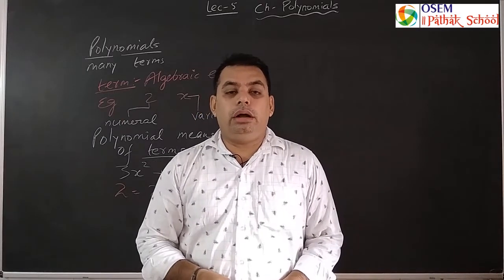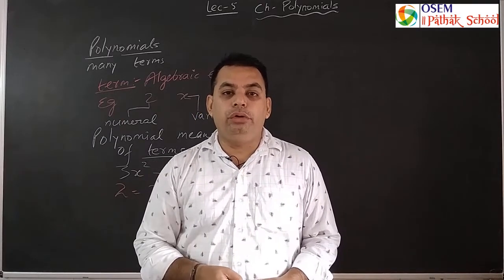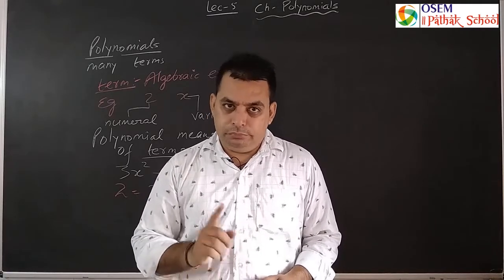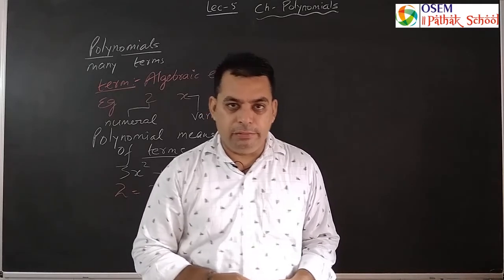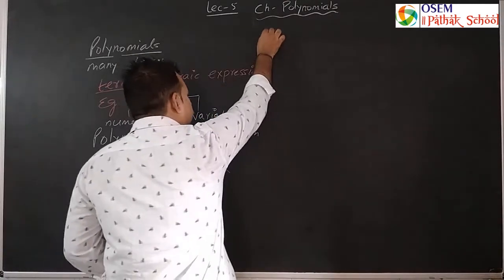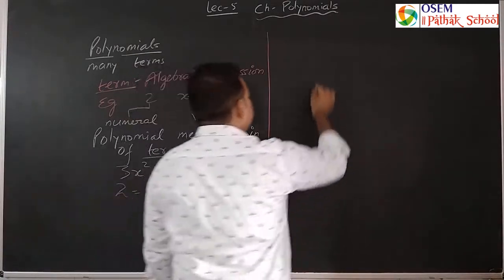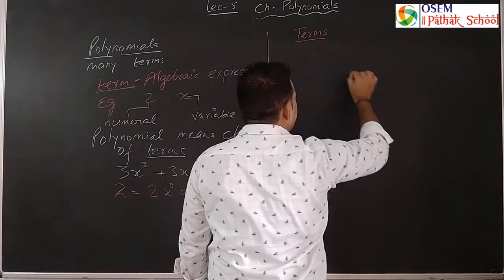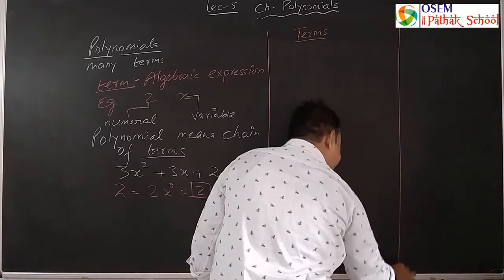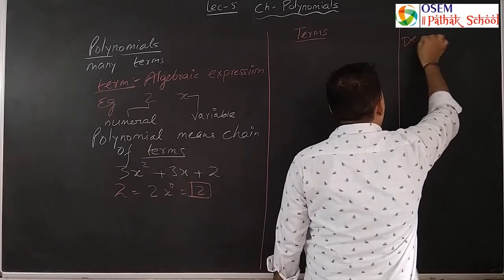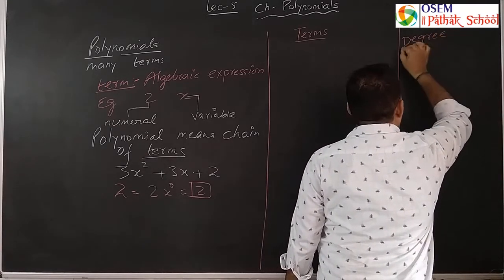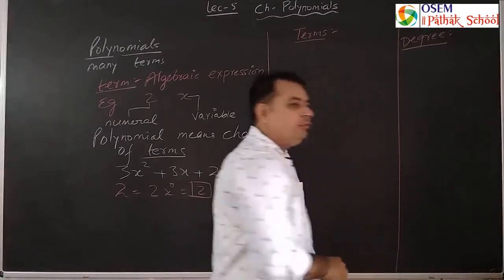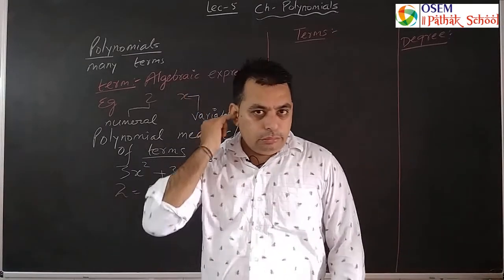Now there are classifications of polynomials on the basis of terms and degree. You should also know that. I am giving short descriptions. On the basis of terms and on the basis of degree, polynomials have been classified.